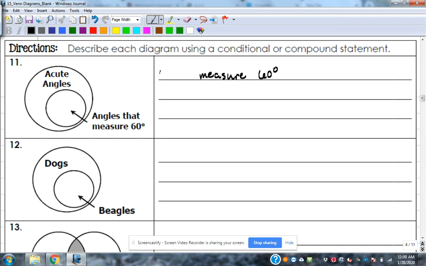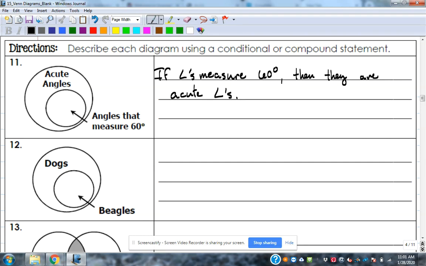I said angles and didn't write. So if, and I'm going to show you a little abbreviation for angles. Make a little angle symbol and apostrophe s. So that's angles. Measure 60 degrees, then they are acute angles.